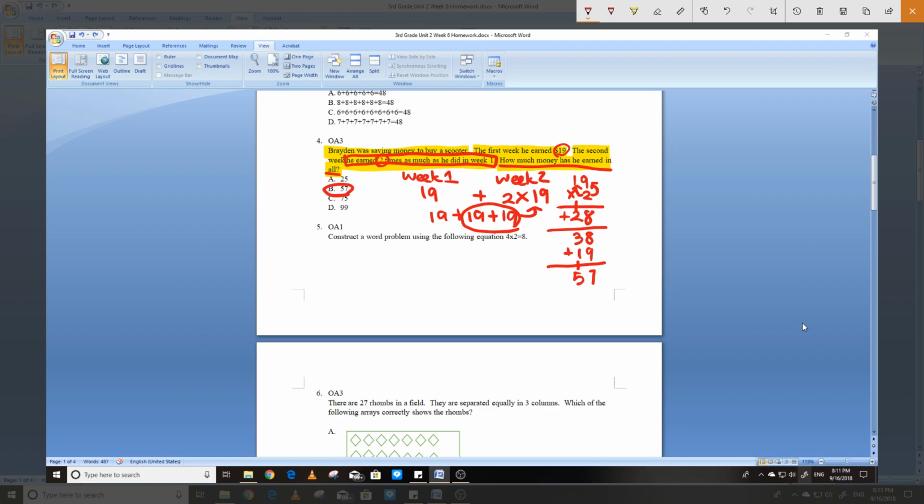Okay, let's take a look at number 5. Number 5 states, construct a word problem using the following equation. 4 times 2 equals 8. Now, we did this before in previous weeks. Remember, Mr. Wang has said this, whenever you're writing a multiplication equation, we're going to use 2 words, bags and chips.